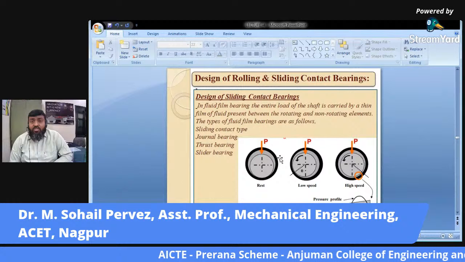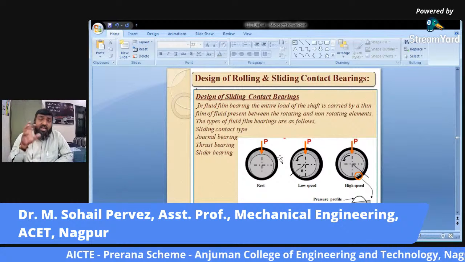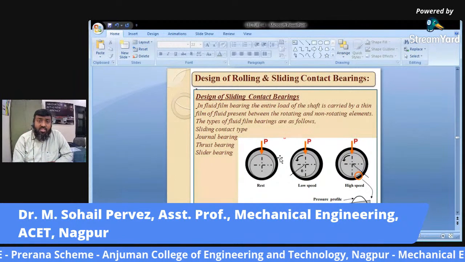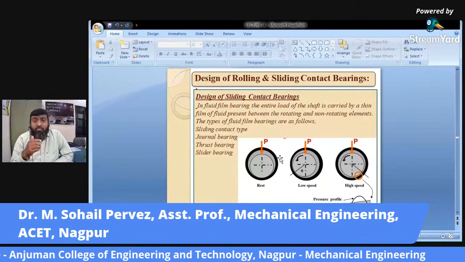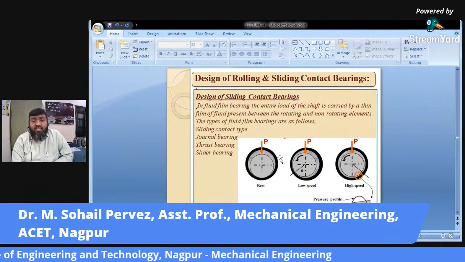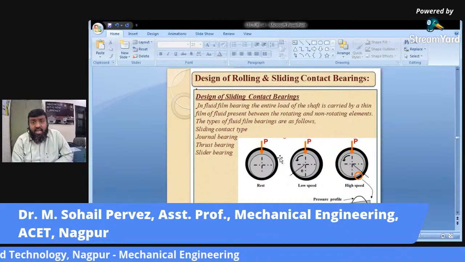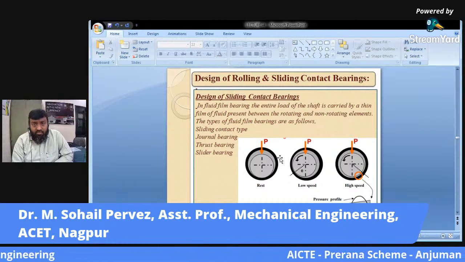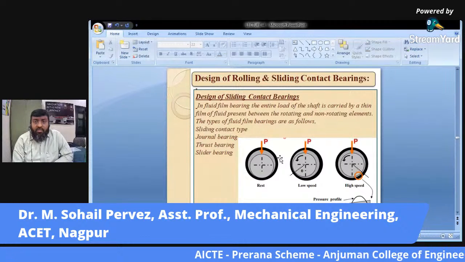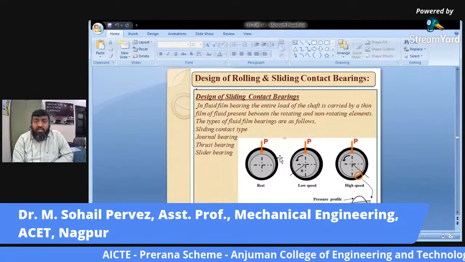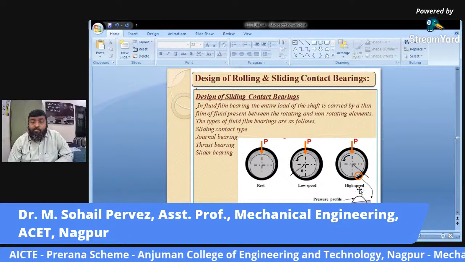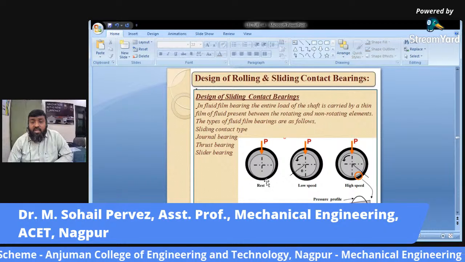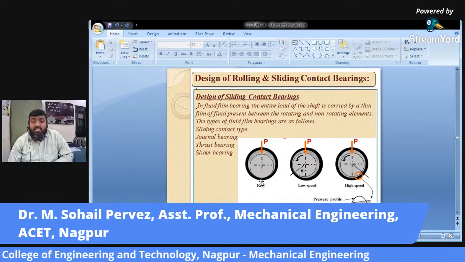Now, what does this hydrodynamic do? This hydrodynamic action begins within the assembly itself, whereas at the start of the motion, the shaft, due to its weight and the loading due to its mounting, touches the, now please concentrate on this diagram, touches the surface.